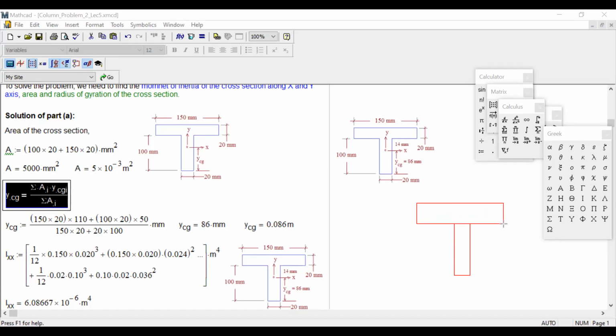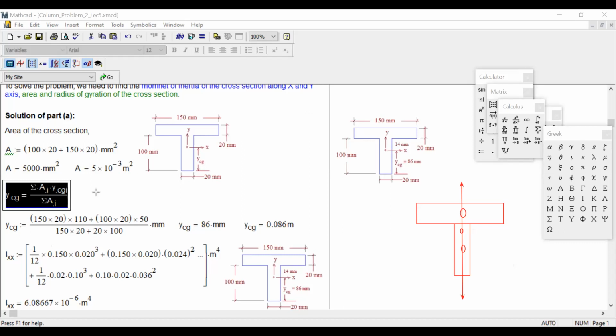So obviously CG will be along this line because vertically it is symmetrical. But now CG will be where? It will be here, or here, or here. We don't know. So that's how we need to figure out. But it will be close to the upper flange because the upper portion has more area.